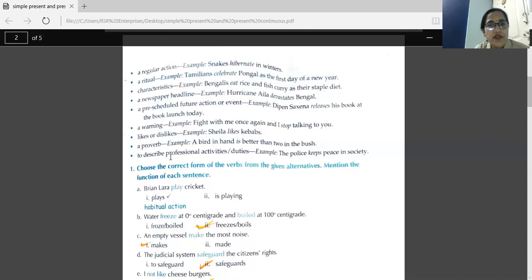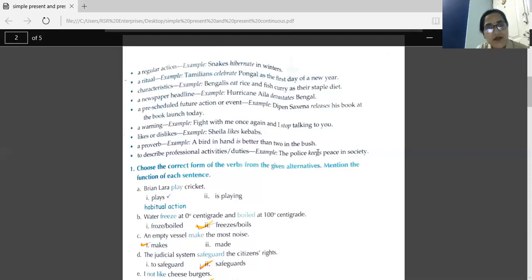To describe professional activities or duties, any work related to any job or profession, there we use simple present tense. See this example. The police keeps peace in society. So this is the work of police.